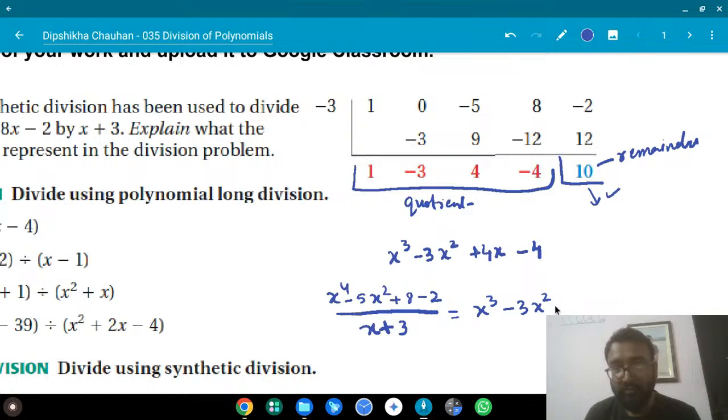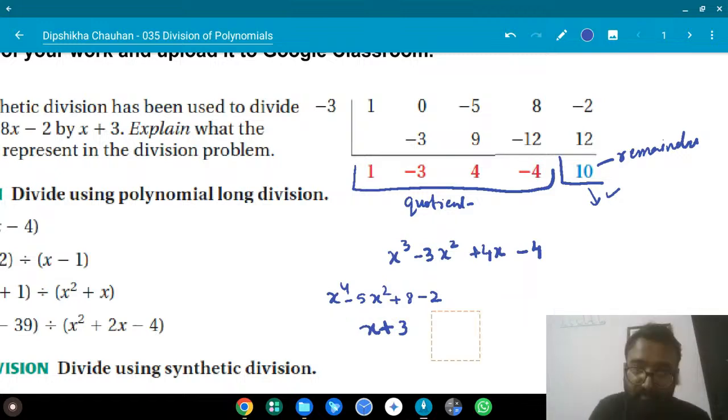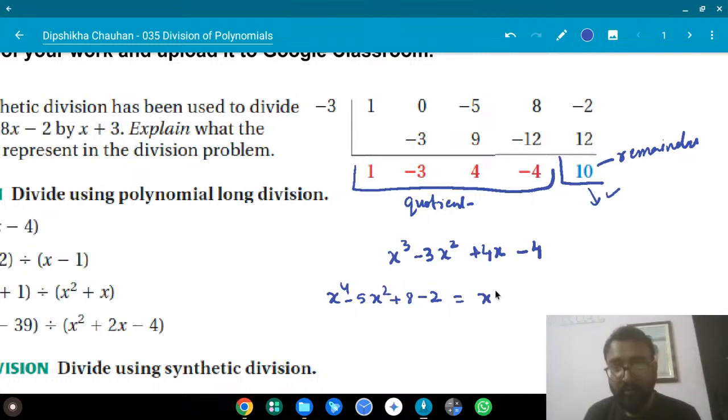So we have to write like this: this equals x cube minus 3x square plus 4x minus 4 into x plus 3. And this is the remainder, we have to add last. So this is the equation. Okay.